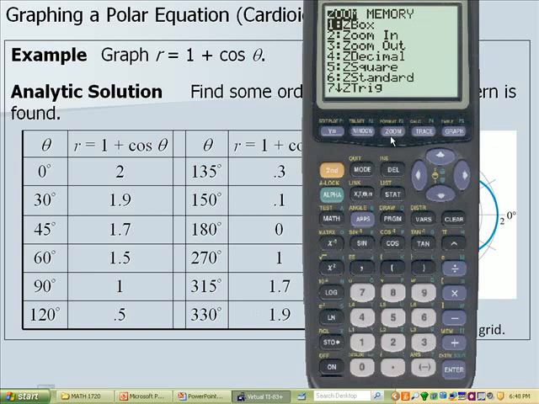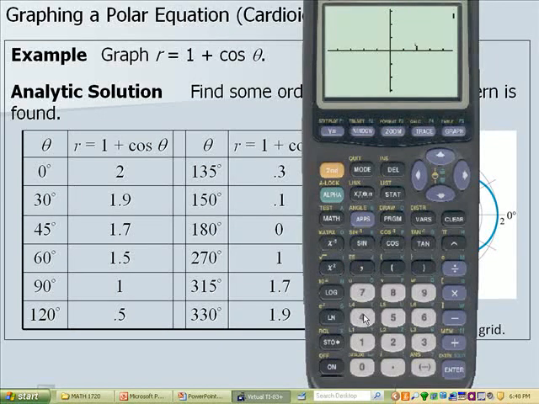Now we can graph. The best window to graph is the decimal window, so we'll do zoom 4. And be patient when you're graphing. This can take some time.